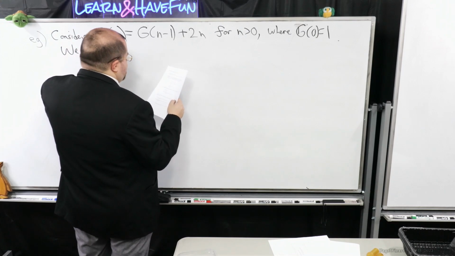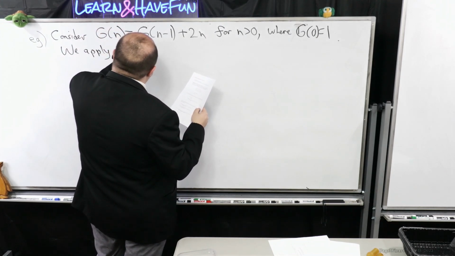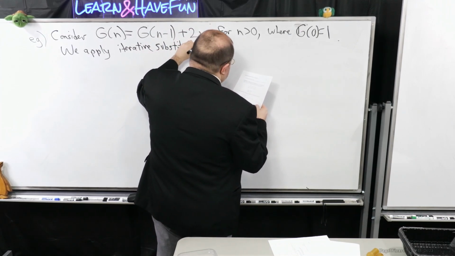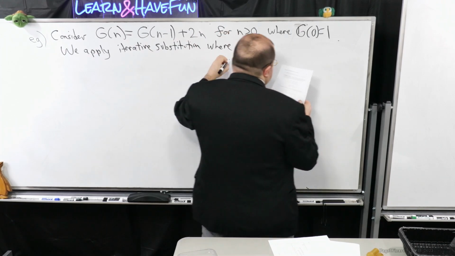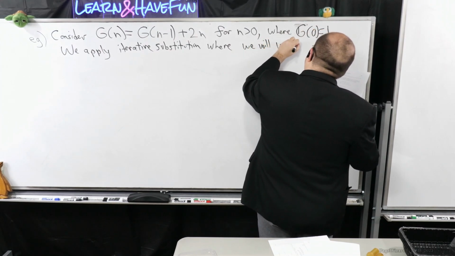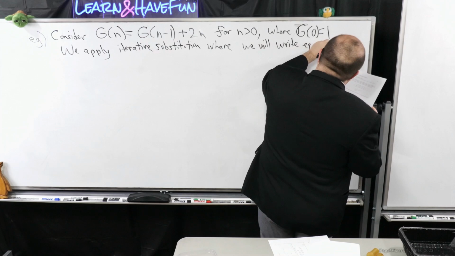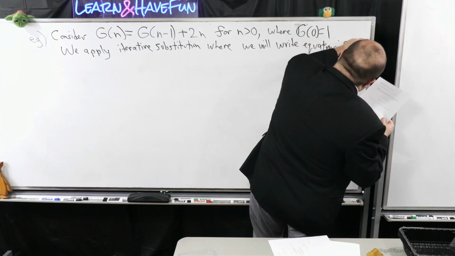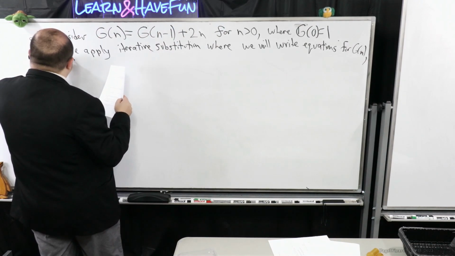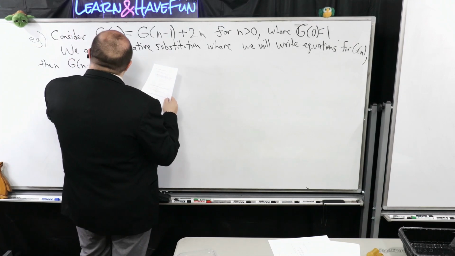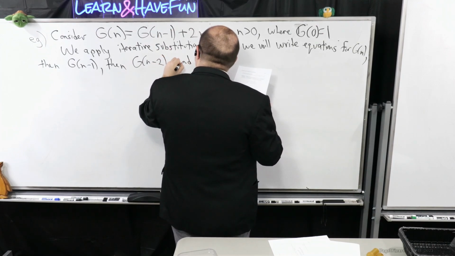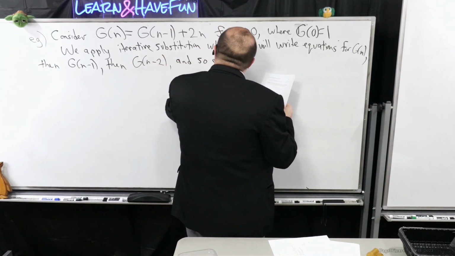So we apply iterative substitution, where we will write equations for g of n, then g of n minus 1, then g of n minus 2, and so on, to find a pattern.